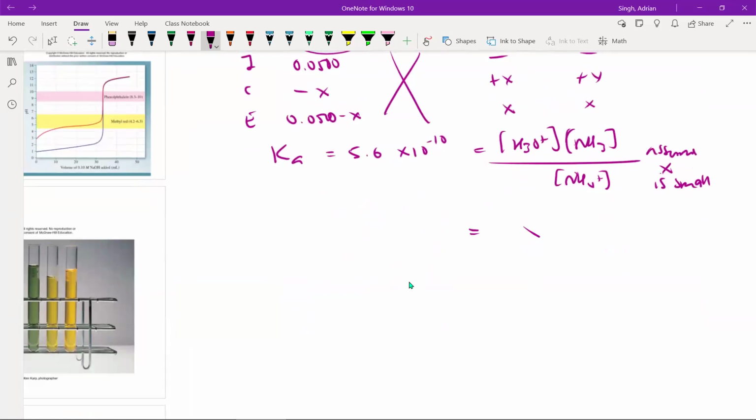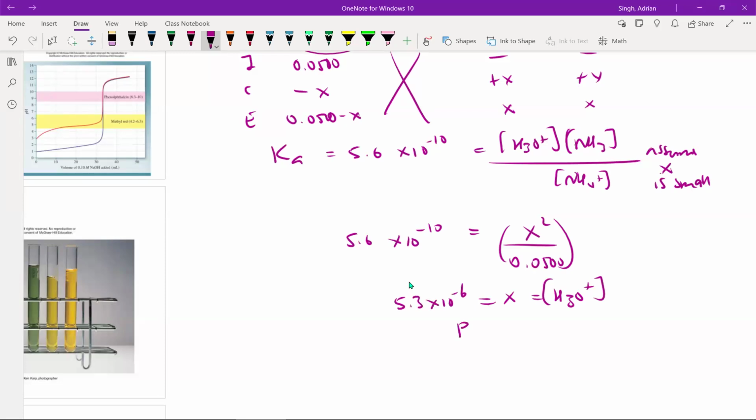So we end up with X squared over 0.0500 equal to 5.6 times 10 to the negative 10. So you solve for X, which is equal to the H3O plus concentration. X there is equal to 5.3 times 10 to the minus 6. Then the pH would be the negative log of that, which would give us 5.28.